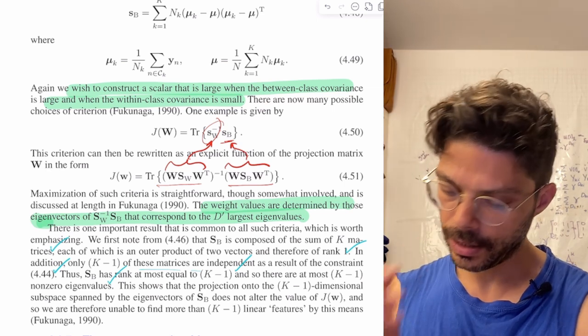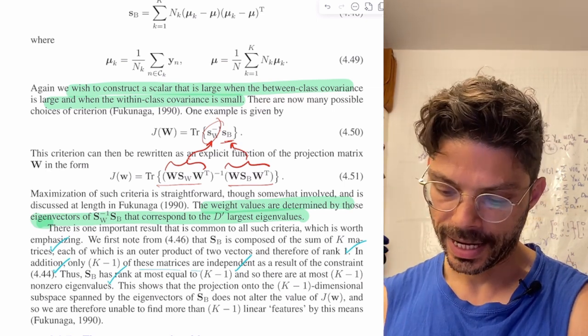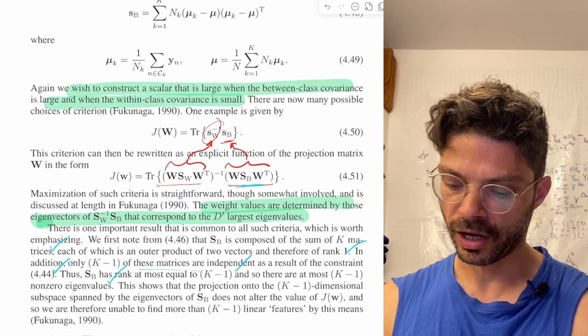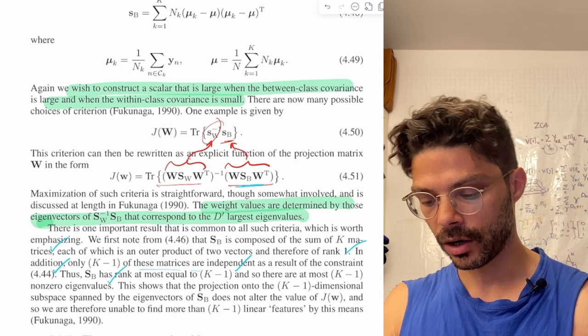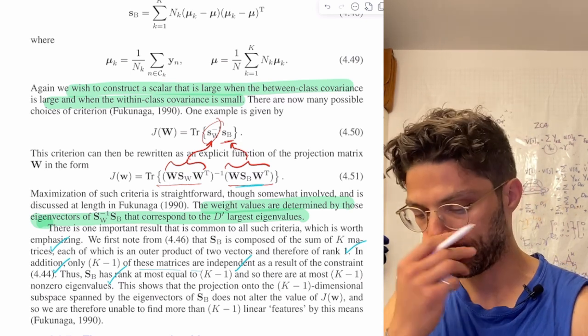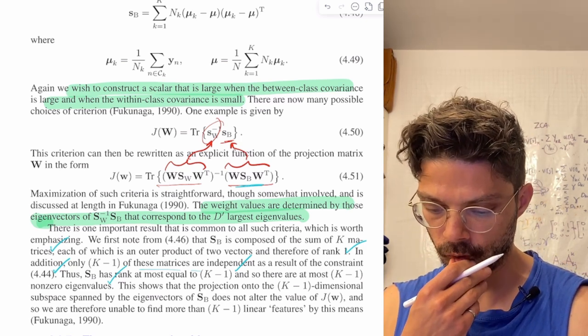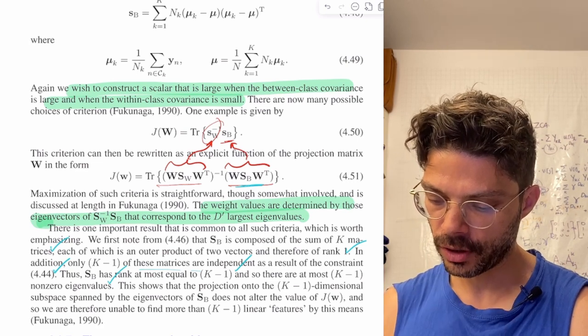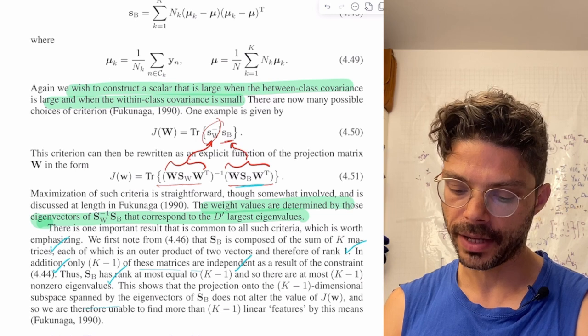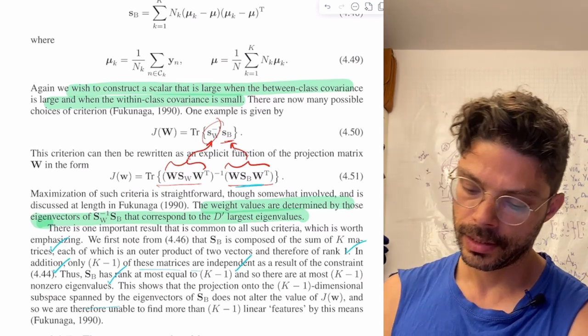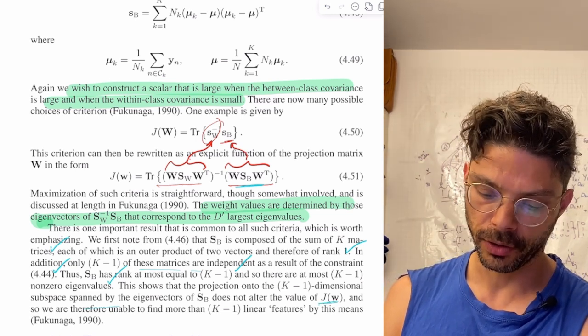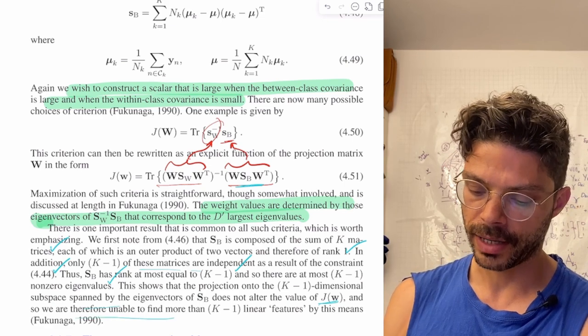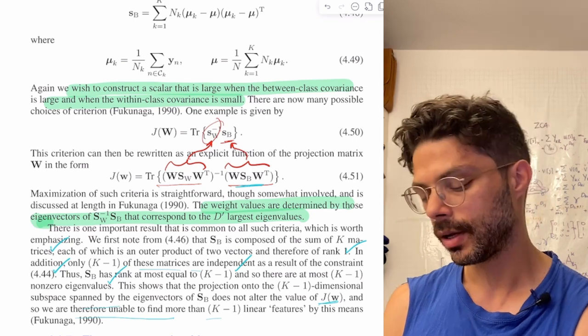I guess maybe he's kind of talking about this, that if we take the k minus 1 largest values, then this shows that the projection onto the k minus 1 dimensional subspace spanned by the eigenvectors of SB does not alter the value of JW, and so we are therefore unable to find more than k minus 1 linear features by this means.